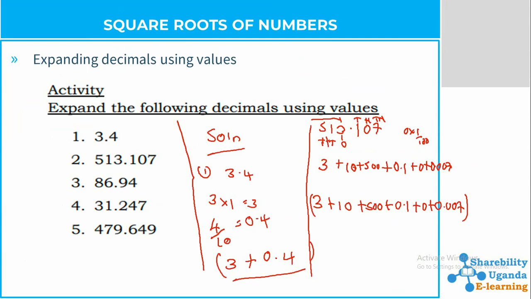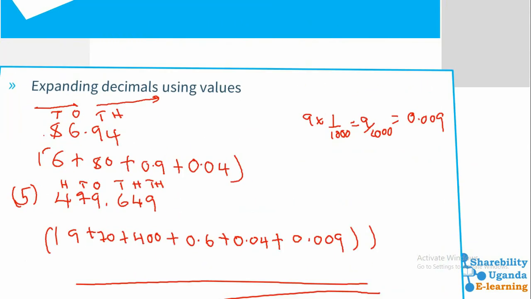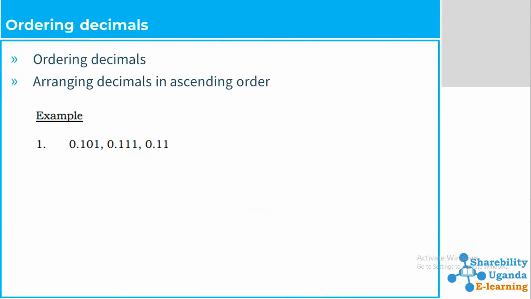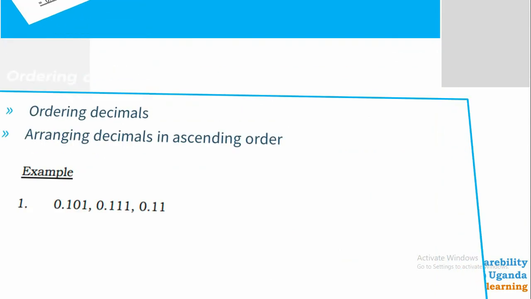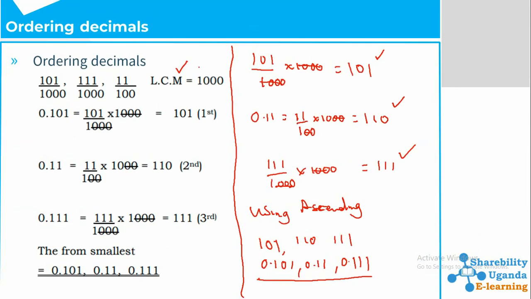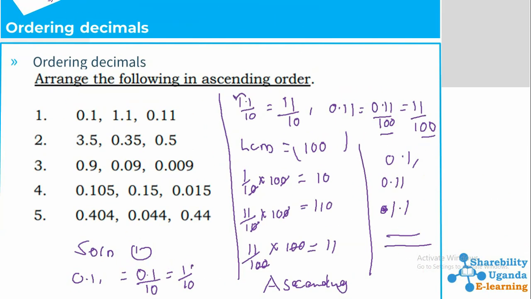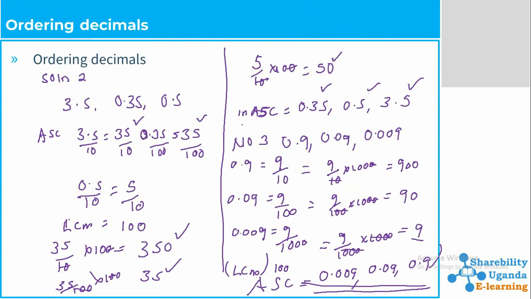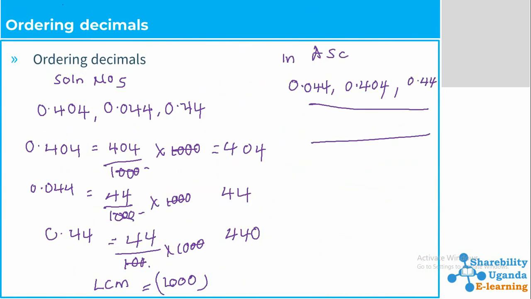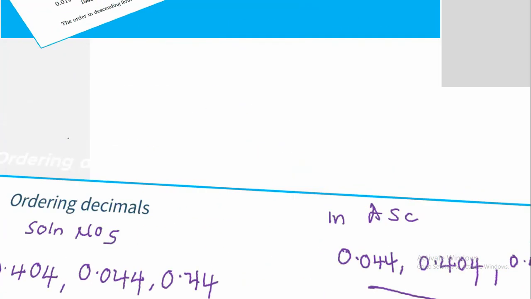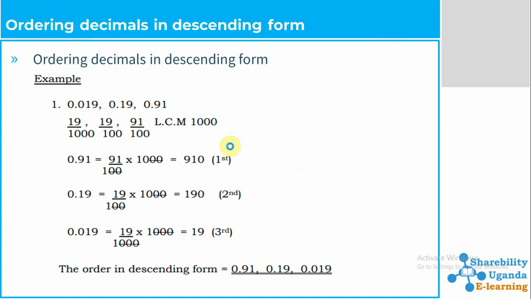So in today's lesson, we want to be looking at what we call arranging these decimals in a descending order. However, we had so far looked at the ascending. So today's lesson, we want to look at the descending order of these decimals.